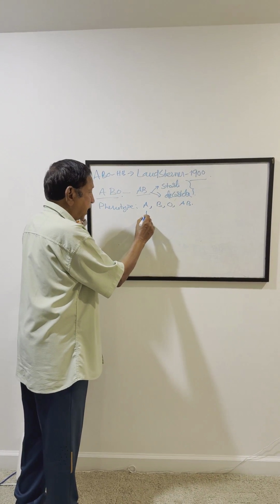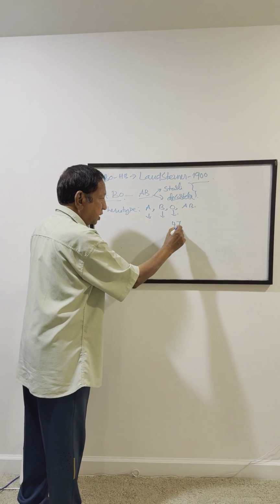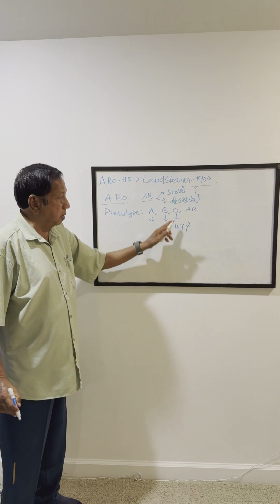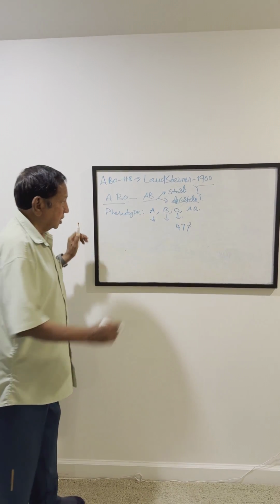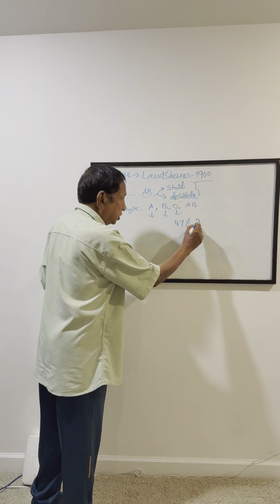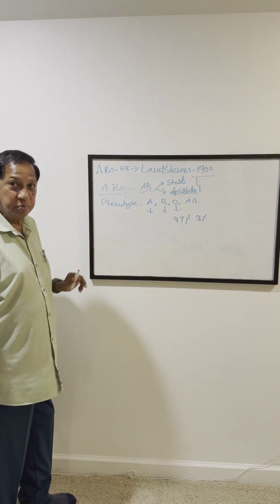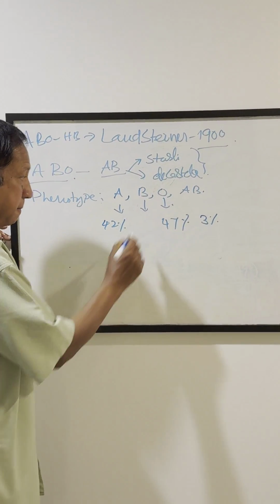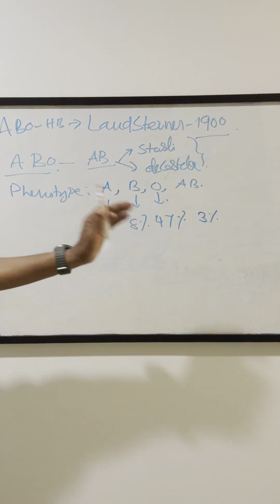According to one statistic, 47% of the human population is of O type blood. Only 3% is AB group. A group constitutes 42% and B group constitutes 8%.